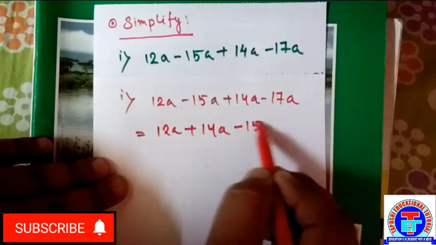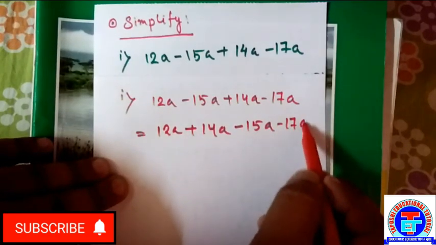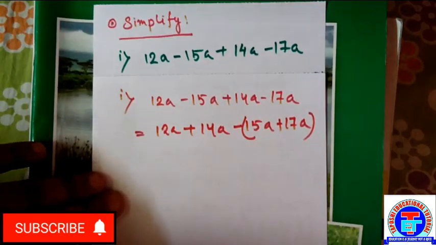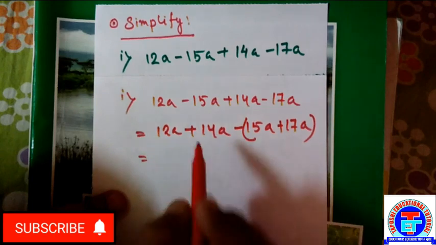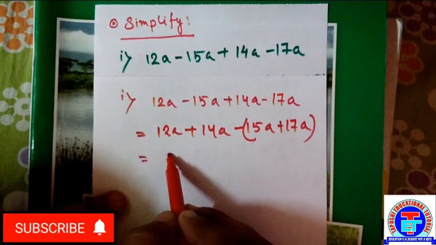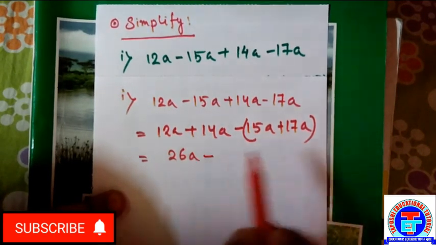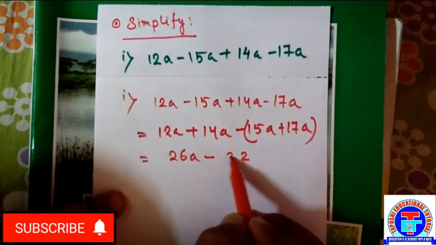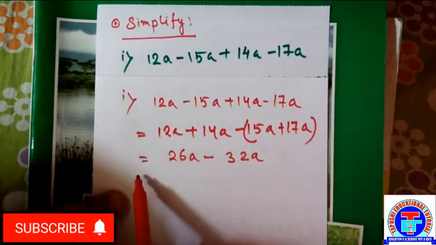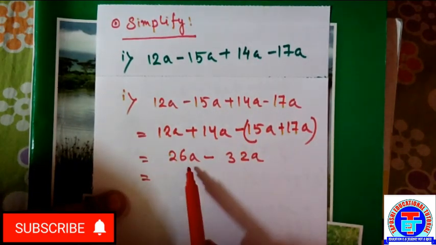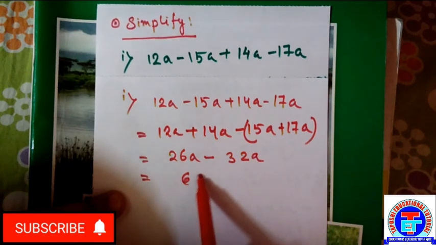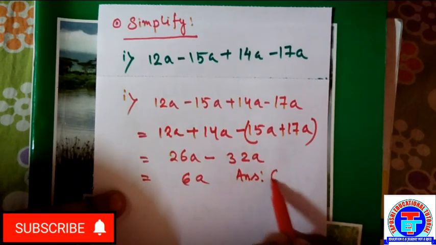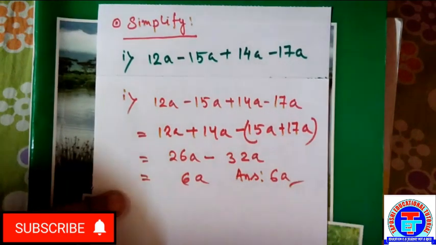Now minus 15a minus 17a, we take a bracket, it became plus. Now this will become 26a minus 32a, so it will become 6a. So the answer is 6a.